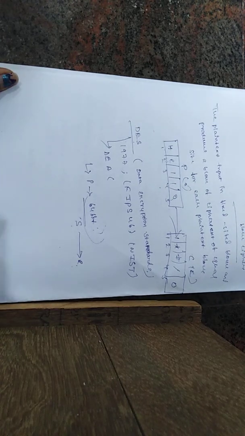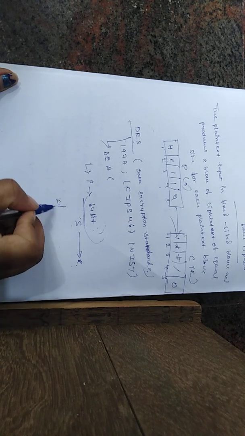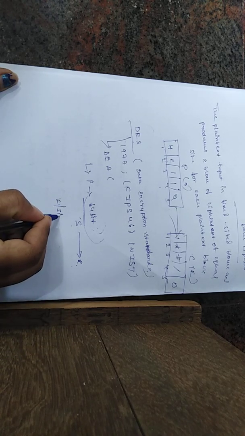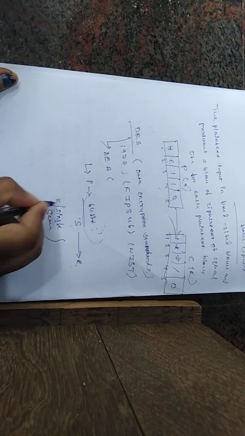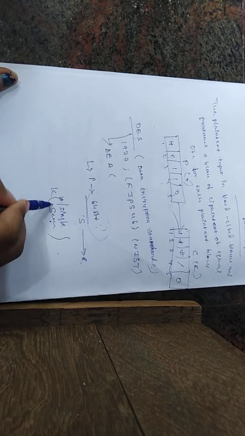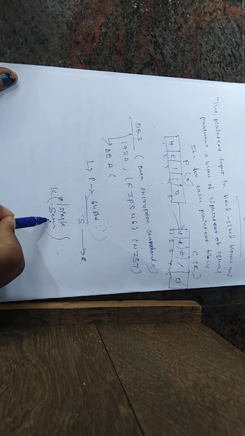Then what key can we use? Key means a secret key or single key. Secret key or single key, both we can use. Why use the secret key or single key?